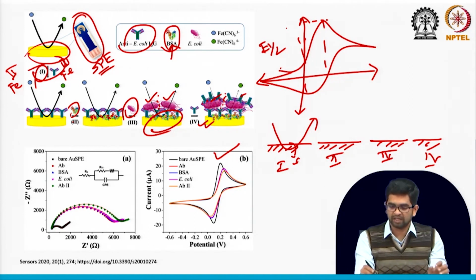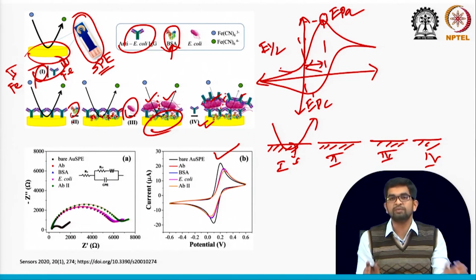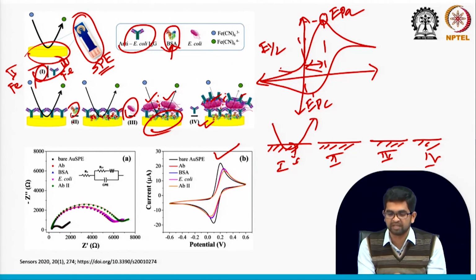If you measure the anodic peak potential and the cathodic peak potential, this difference will be very low, because the electron is transferring very fast.